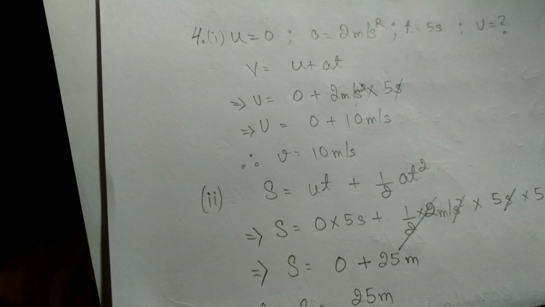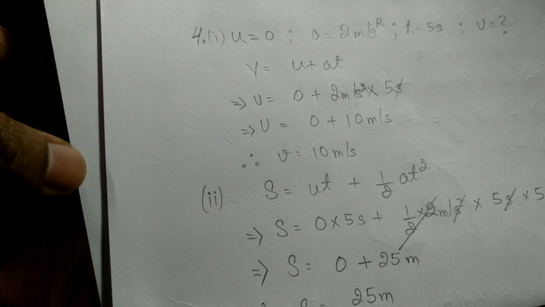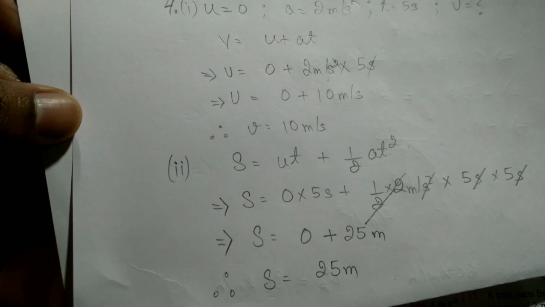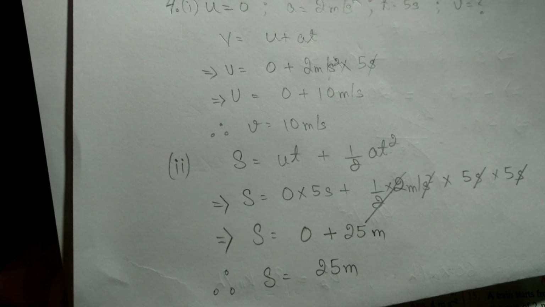So in part 2, I'm supposed to find the distance covered in 5 seconds. To find that, I'm supposed to use the formula s equals ut plus half at square, which is like number 1 again.